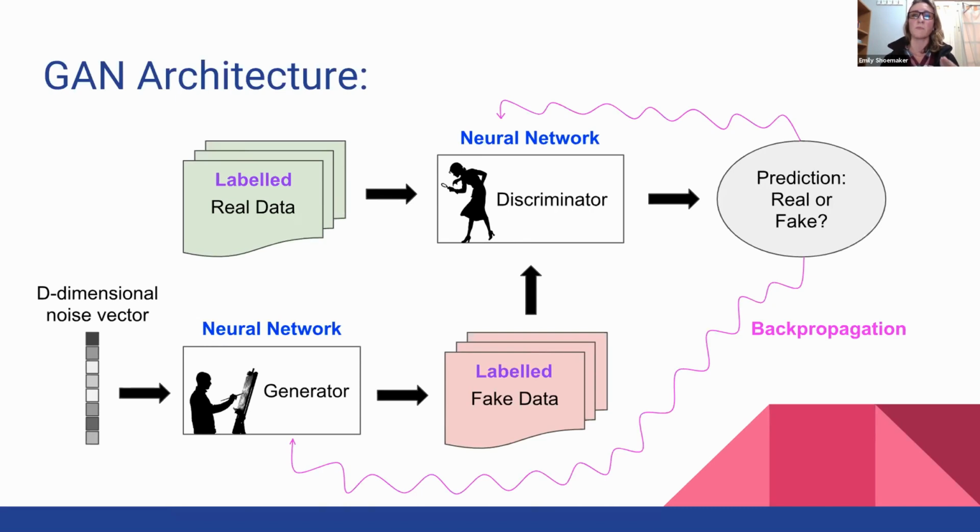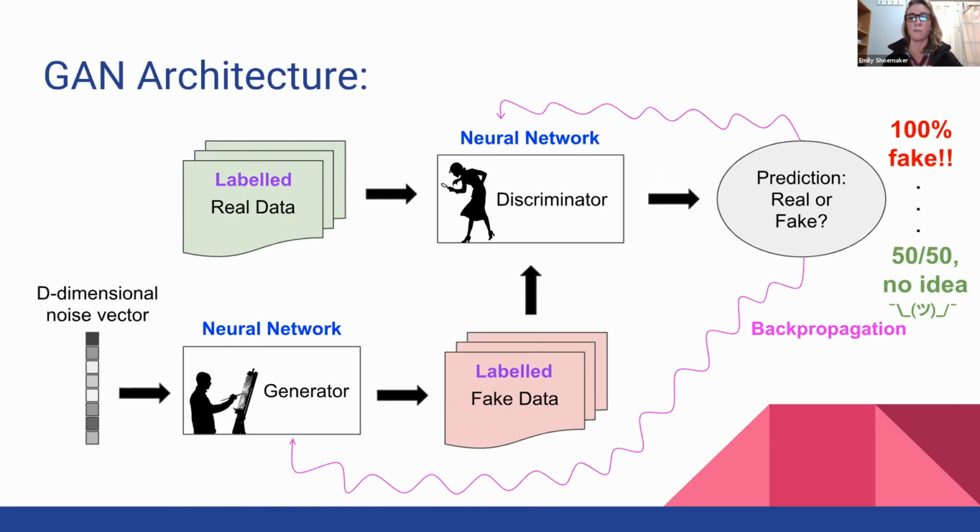And the results of the prediction can backpropagate, update weights in the discriminator and the generator networks before the next round. So while at first the generator is putting out nonsense data, it's very easy for the discriminator to say that's obviously fake. But over time, if the balance is set properly, the generator learns the distribution of the real data and gets so good at mimicking it that we hit an equilibrium of 50% probability, meaning that the discriminator can't tell if the data is coming from the real set or the generator.